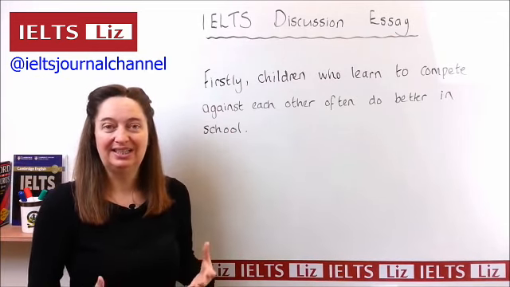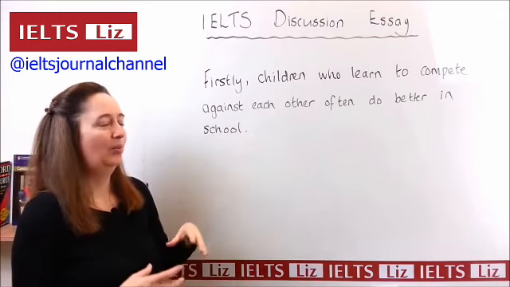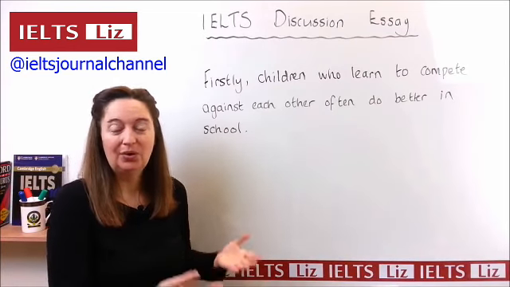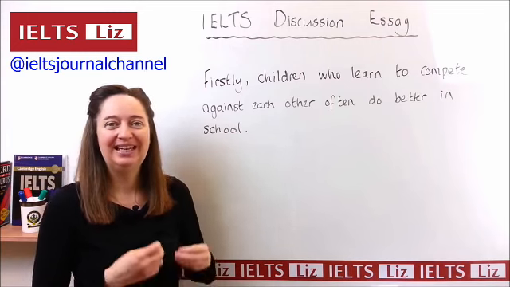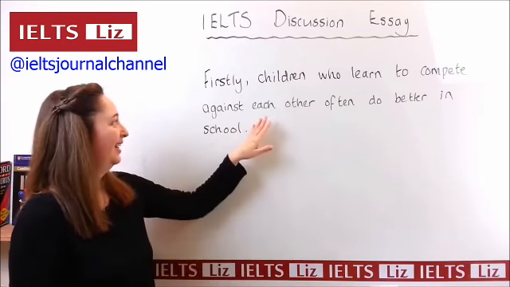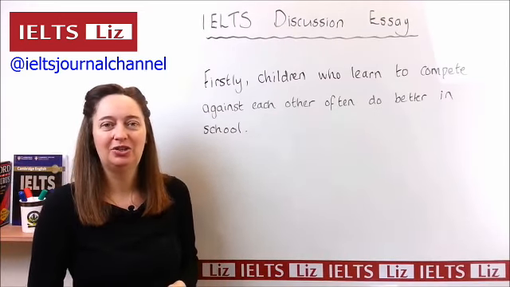But what the reader doesn't know, are we looking in this paragraph at what other people think? Are we discussing one of the sides? Or are we giving our opinion in this body paragraph? It's not clear. So for a discussion essay, this topic sentence is not clear. Let me show you how it should be written.